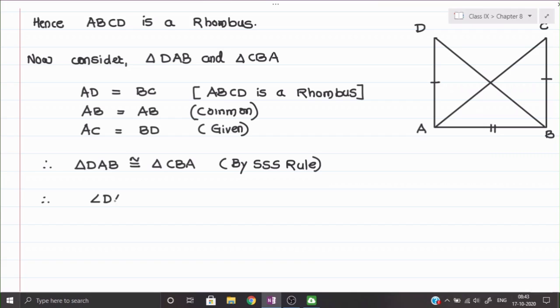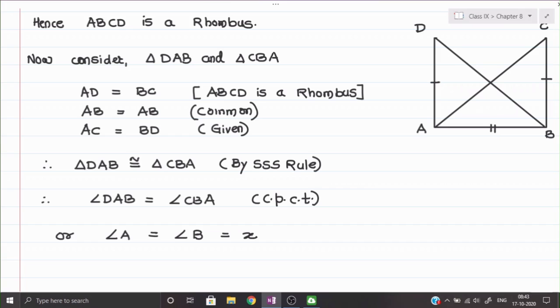So here we shall get angle DAB is equal to angle CBA, that is with the help of CPCT. Now if you look carefully, DAB is actually angle A and CBA can be written as angle B. Both the angles are equal. I am supposing them equal to X.